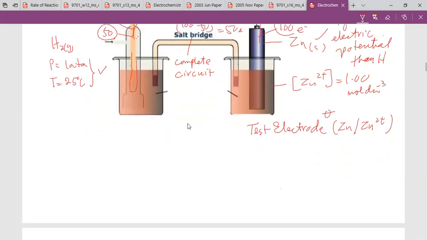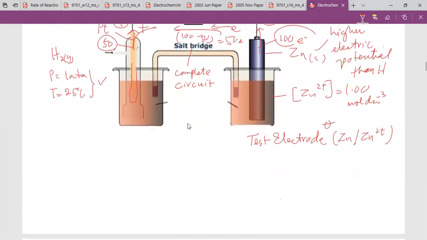Now we want to see what actually happens here. What are the reactions here? Ionic reactions here. This is very important. Remember, inside here there is an equilibrium of H2 gas plus aq reversible to give 2H+ plus 2 electrons.